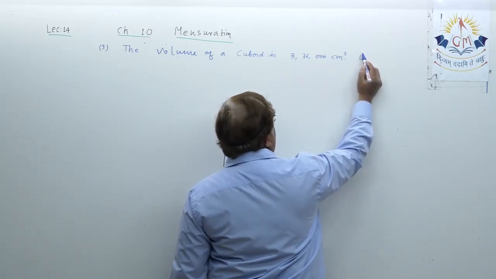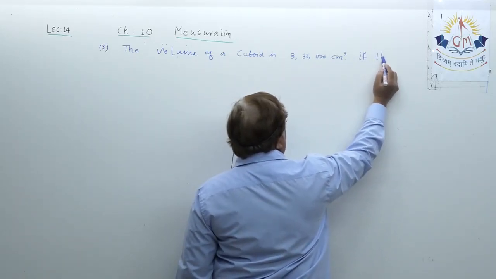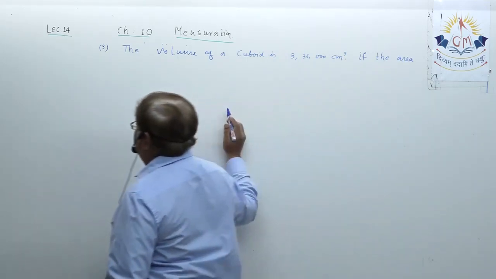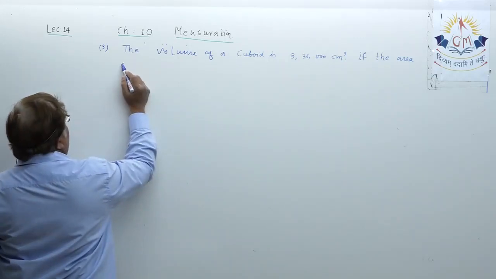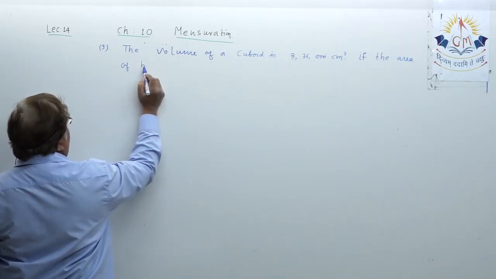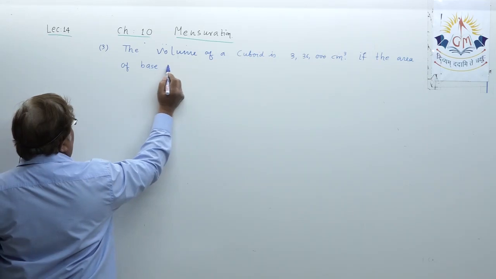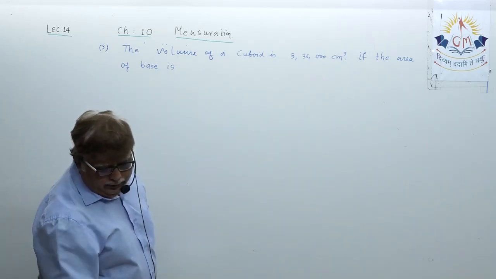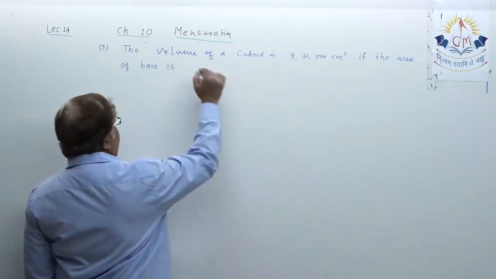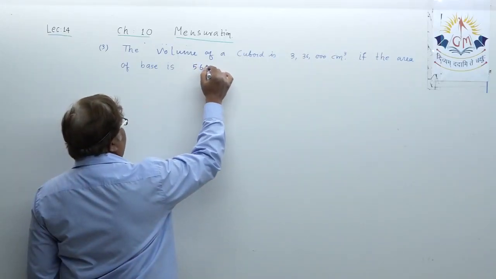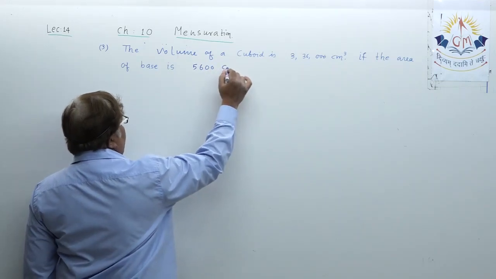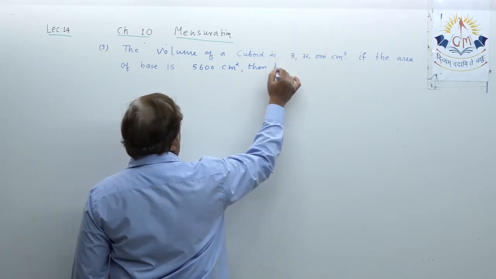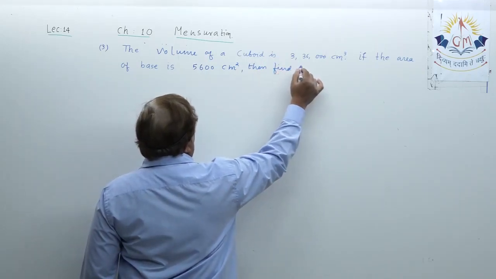If the area of base is, now here you need to think on this, area of base is 5600 square centimeter, then find height.